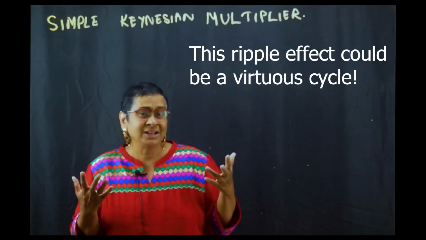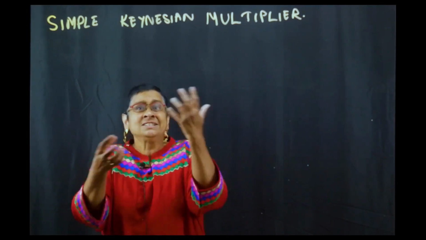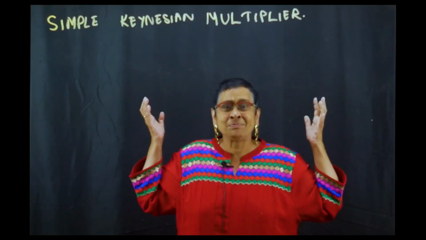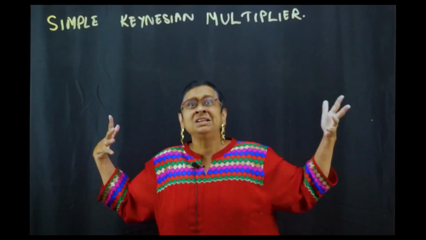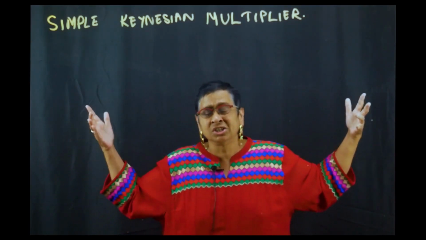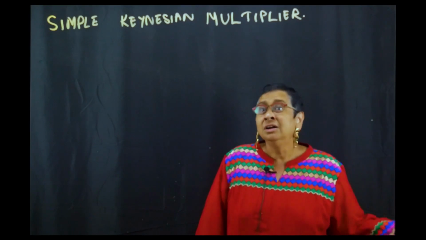And this ripple effect could be a virtuous cycle. If I've got an initial increase, it's going to spread through the system so that aggregate expenditures go up over time, income therefore goes up, and I get a larger volume of production, a higher equilibrium level of income.